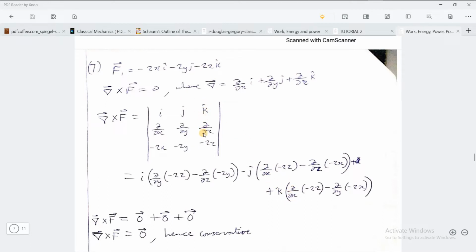Now we're on k hat here, so we cover this and this, so that we multiply this times this minus this times this. This is the procedure we use. I'm sure you all remember how to find the cross product of two vectors using the determinant method. This is how it is done.